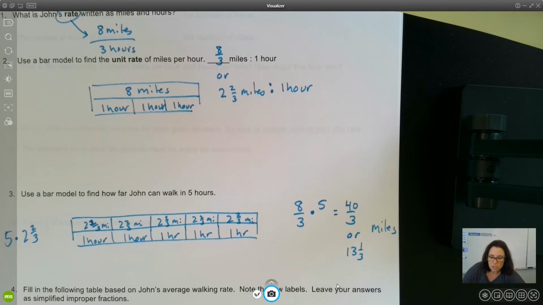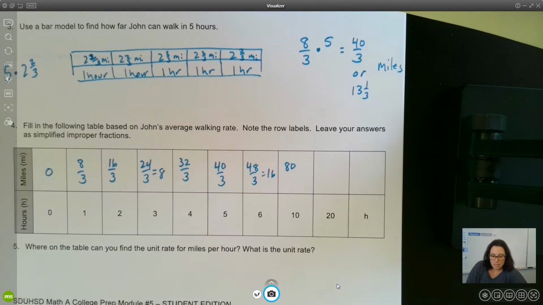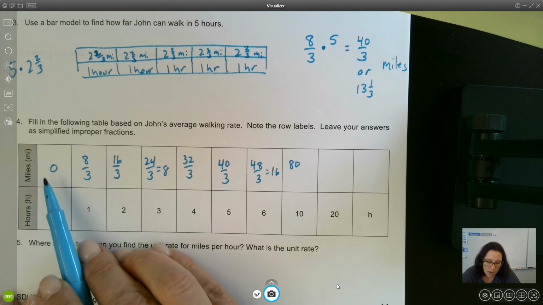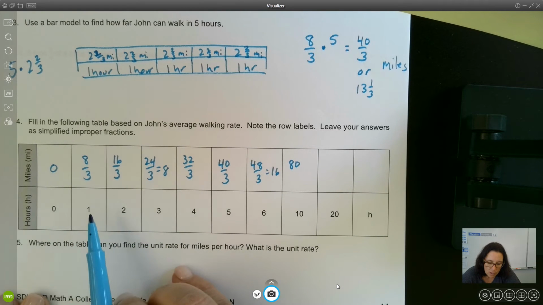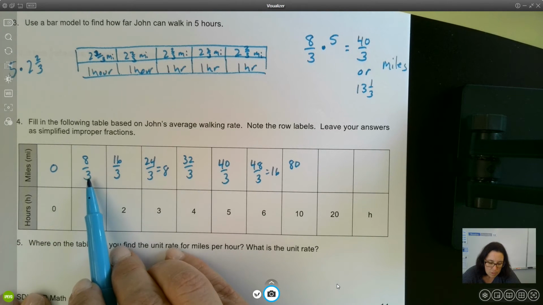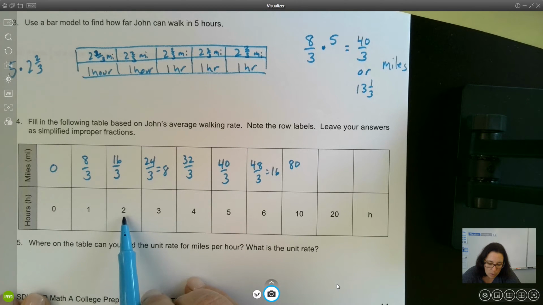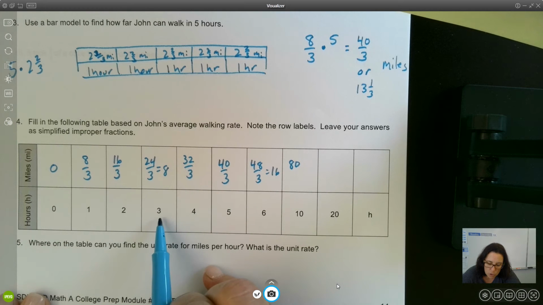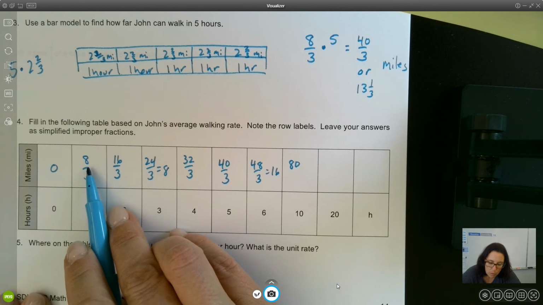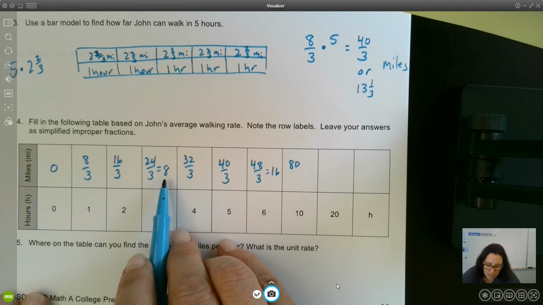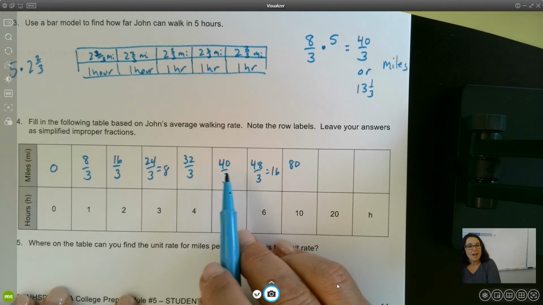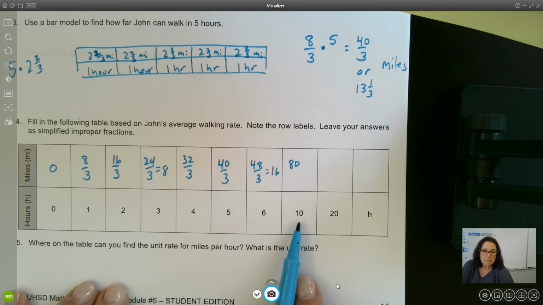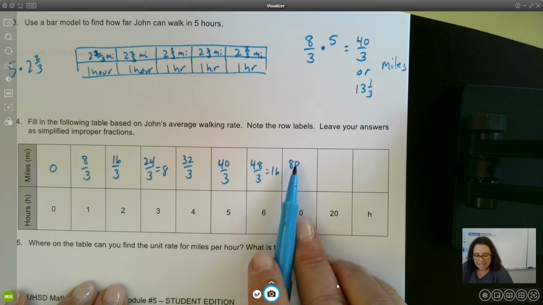Okay, this jumps from 6 to 10. Don't think that it goes, oh geez, guys, sorry. All right, let me re-explain that since you're now just looking at it. So if he goes 0 hours, it's 0 miles. If he goes 1 hour, that's 8/3 of a mile. If he goes 2 hours, we'd multiply this by 2 and get 16/3. If he goes 3 hours, we'd multiply this by 3 and have 24/3, which is 8. You should be picking up on a pattern here. Notice that this 6 then changes to 10. It's not a 7, so don't just keep adding 8.